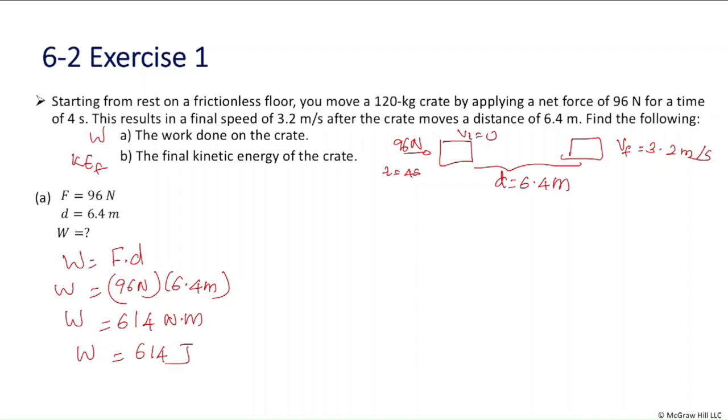Now for part B, we have been given the mass of the crate, which is 120 kilogram, and the final speed, which is 3.2 meters per second. And you are asked to find the final kinetic energy of the crate. So let's find the final kinetic energy. What is the equation?